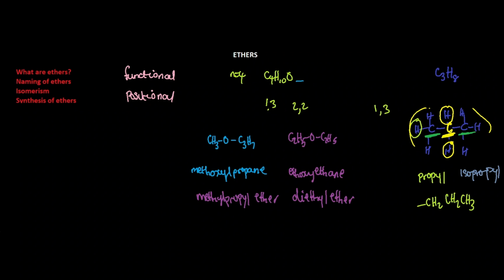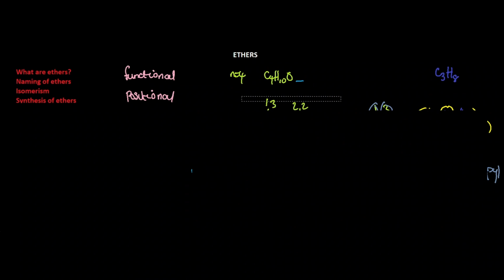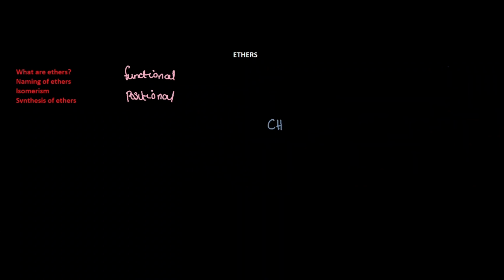Okay, so now we want to consider a situation whereby the 1,3 is a methyl and an isopropyl. So let's take a look at that. We want an isopropyl. Now we're going to have something like this.